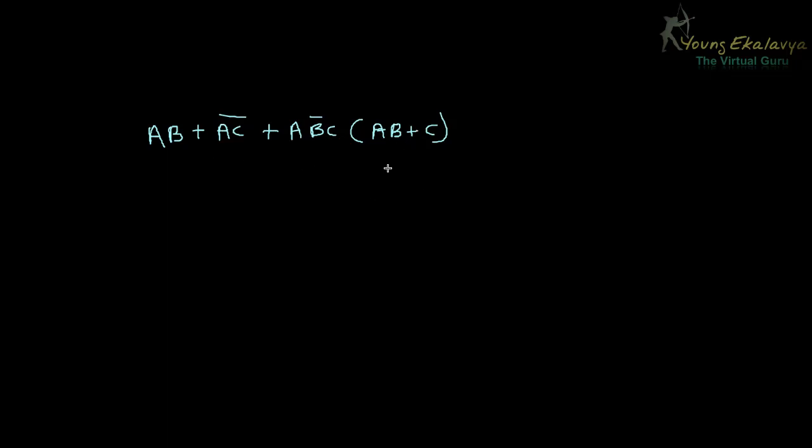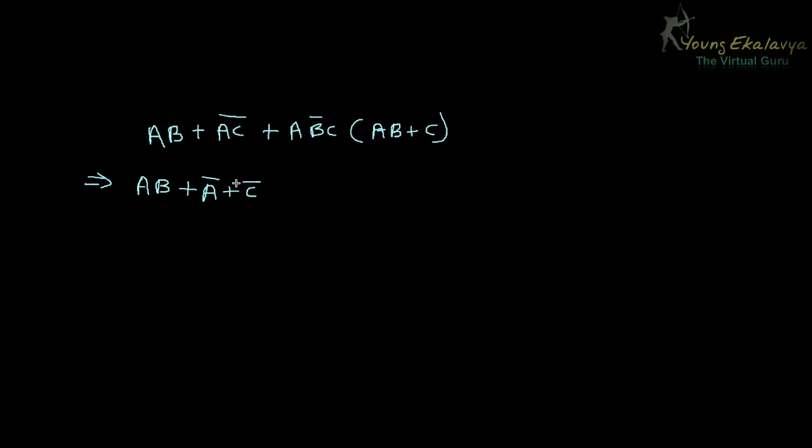So how are we going to do this? We will do it step by step. Now here we'll take this one. This can be expanded further as AB plus, using De Morgan's law, this can be written as A bar plus C bar, right?